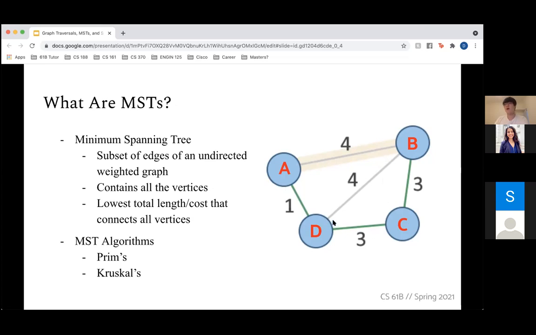There would be no other way to connect all these vertices together without using, at least in this graph, these particular edges. Also keep in mind that a minimum spanning tree is a tree, so we will not have any cycles.